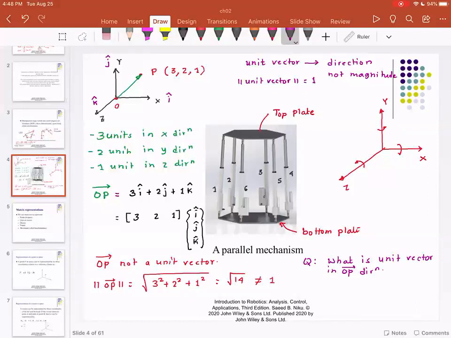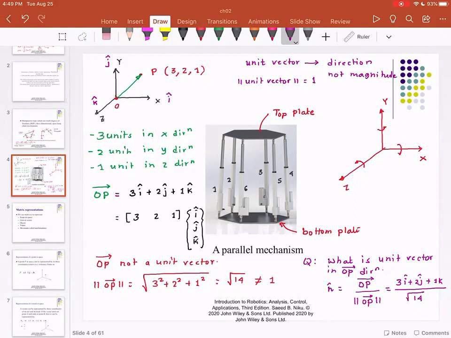To find the unit vector in OP direction, I'm going to call it n, it is the vector divided by the magnitude of the vector. So I take this vector 3i plus 2j plus 1k, and I divide it by the square root of 14. Now you will see that this vector n is a unit vector, and this only indicates the direction.